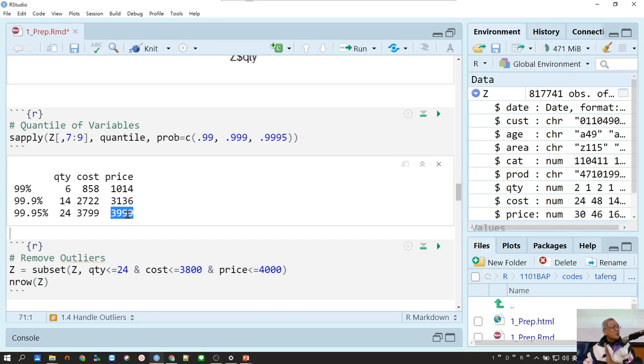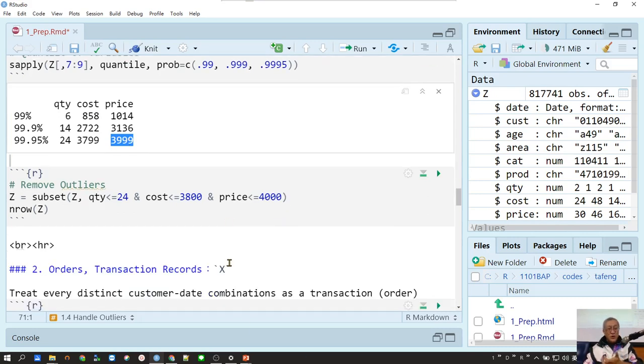So we can say that if an item is more than 4,000, maybe it is out of our consideration, so we can remove them.